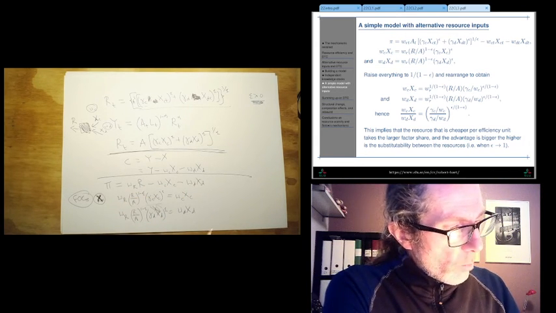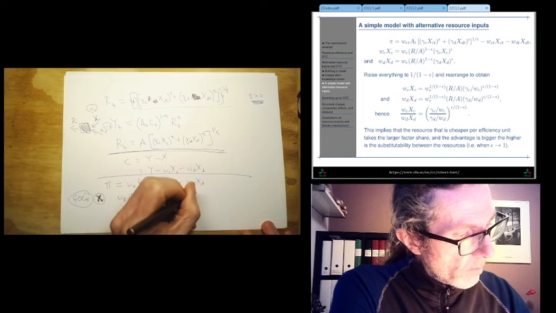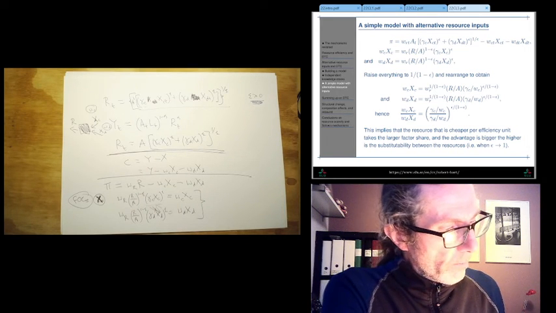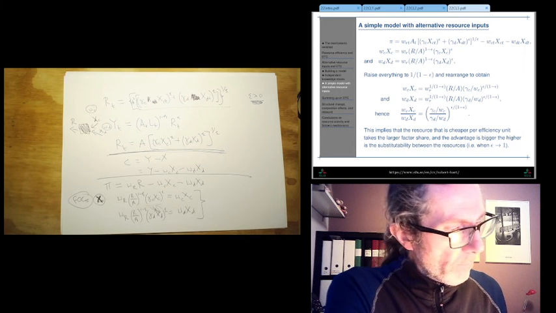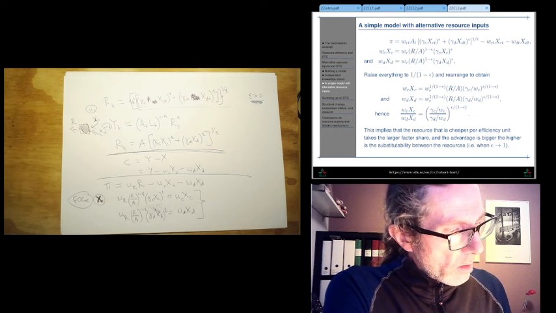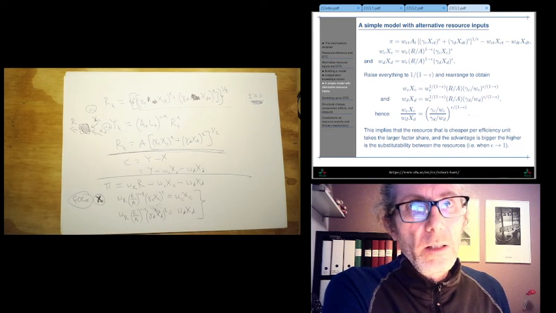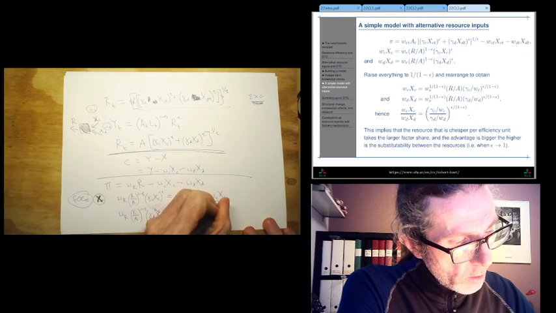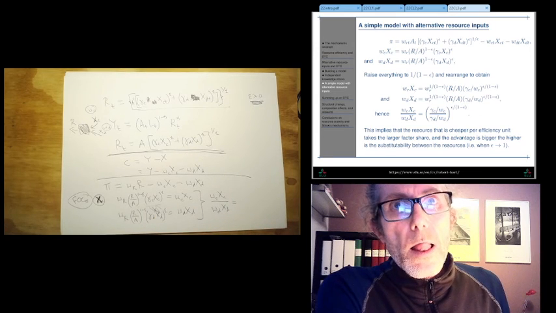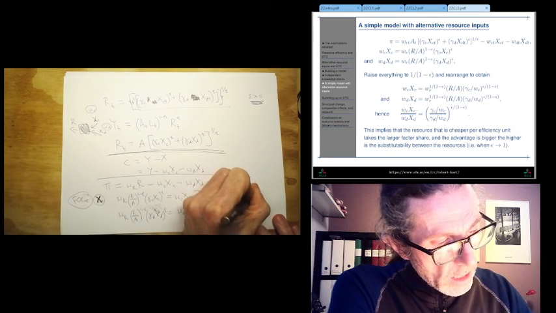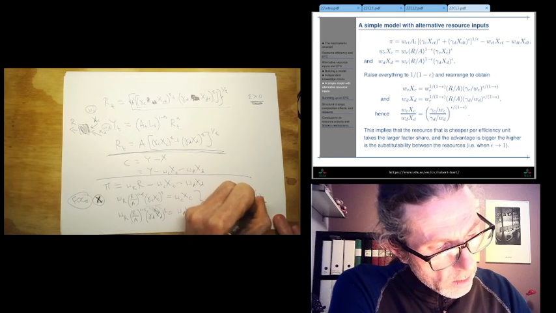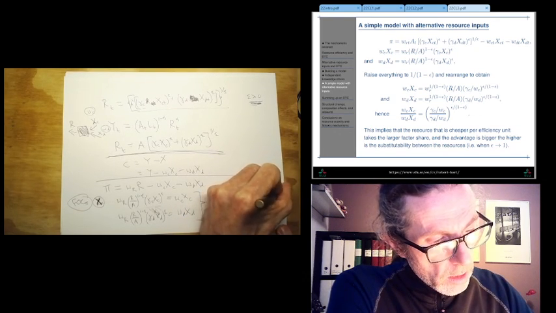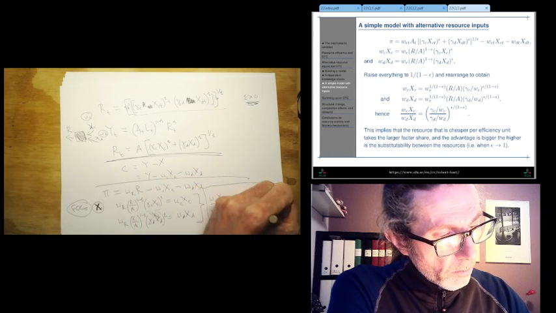And when we put this all together, after a little bit of manipulation, and I'm not going to take you through that, we end up with WC XC over WD XD equals gamma C over WC divided by gamma D over WD, all to the epsilon over 1 minus epsilon.